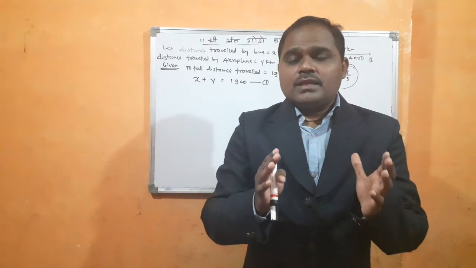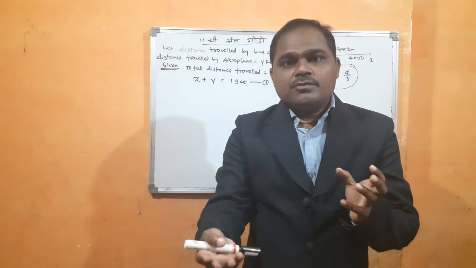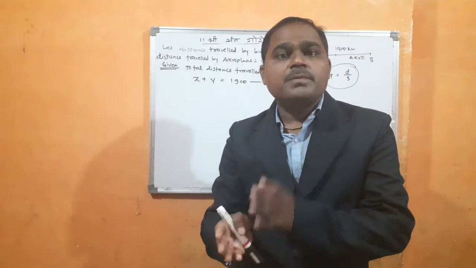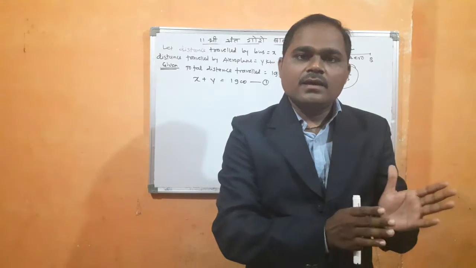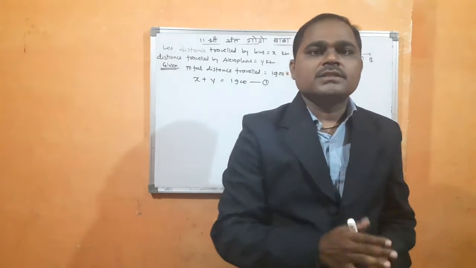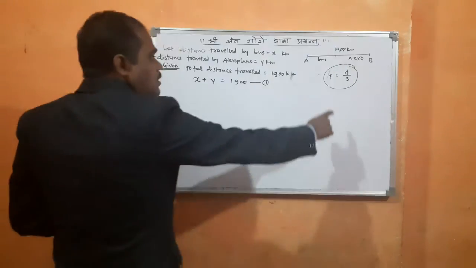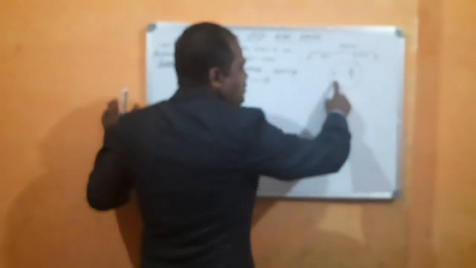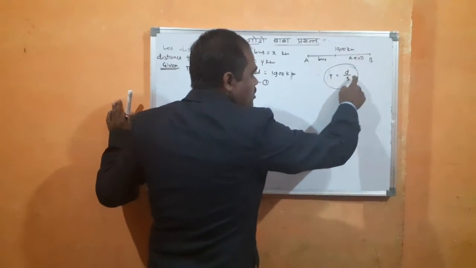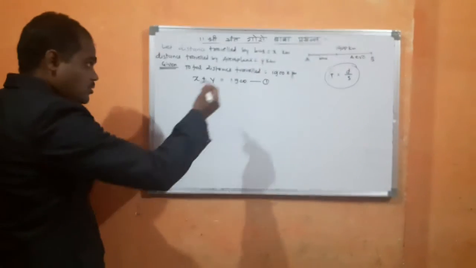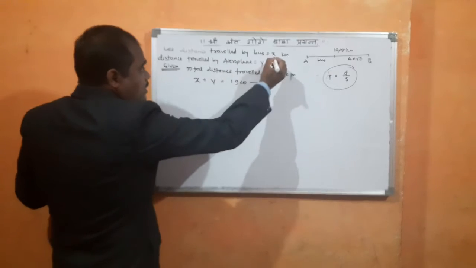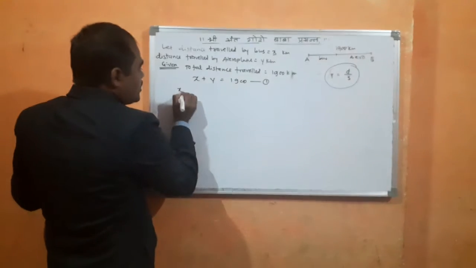So we will make a new equation in the form of time traveled by bus plus time traveled by aeroplane is equal to 5 hours, and it can be defined by using the formula time is equal to distance upon speed.